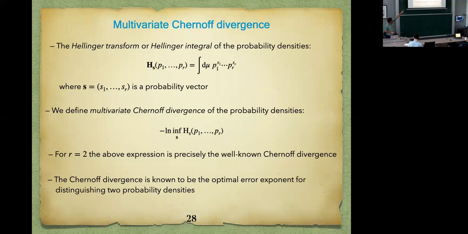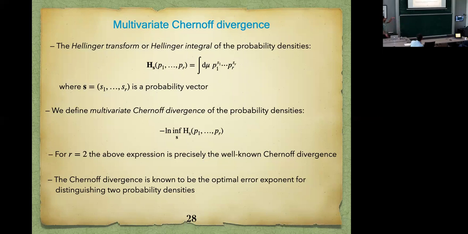You can see this from the Hellinger transform: if you have R equal to 2 and take the definition like this, that's the definition of Chernoff divergence between the densities. Another interesting thing is that Chernoff divergence is known to be the optimal error exponent for distinguishing two probability densities, the classical version of the quantum one. So if you have two probability densities, the asymptotic error exponent for distinguishing them is given by this Chernoff divergence.